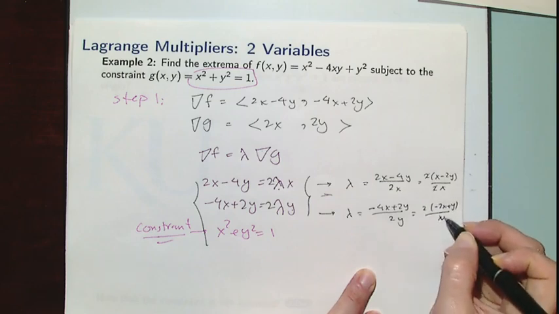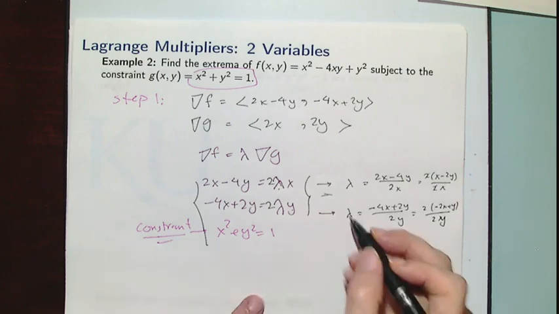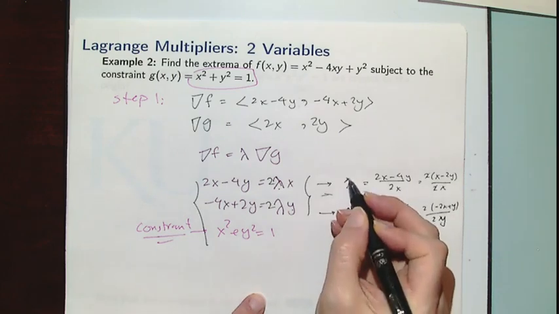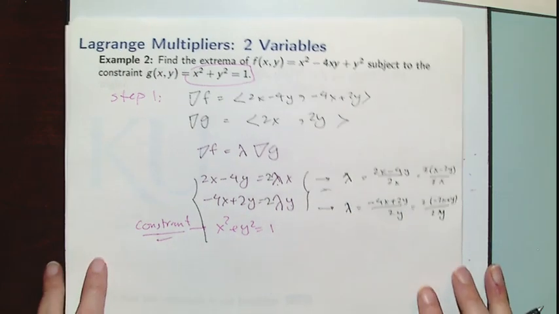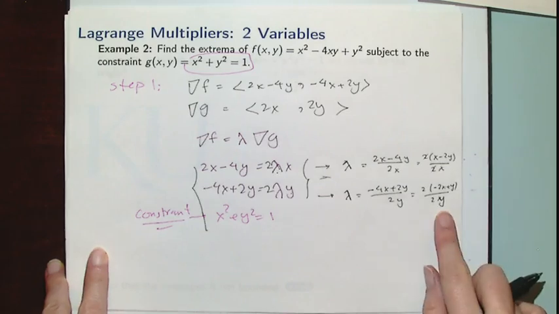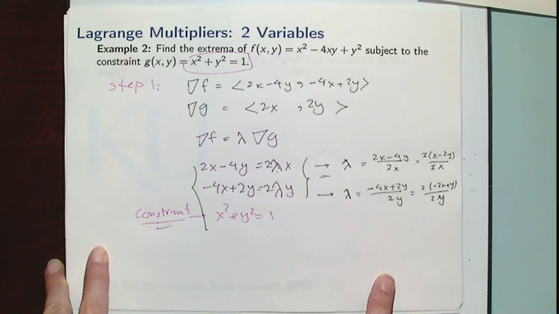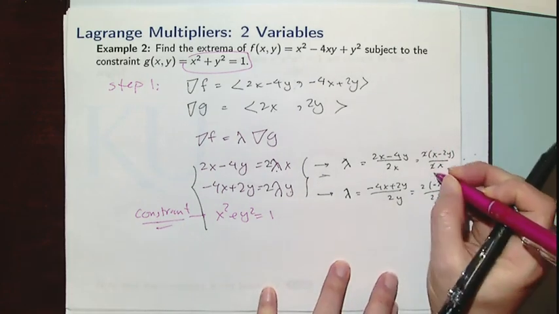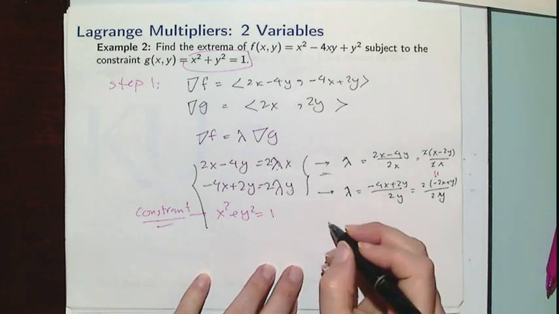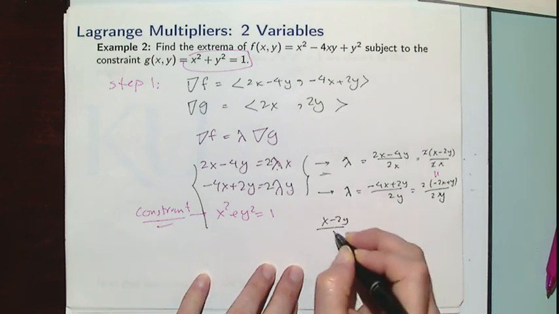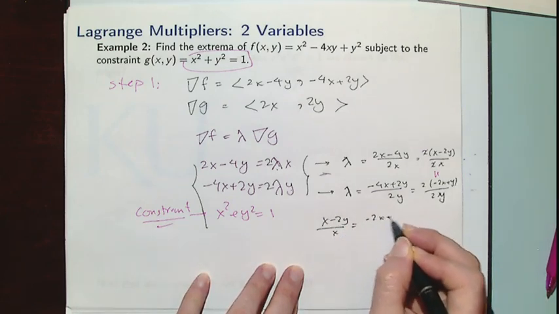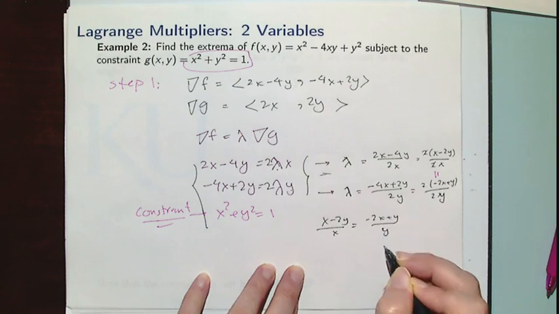Who can tell me what's the next step? So lambda is out. Whatever I'm writing is x. Don't get confused with lambda. What's the next step, my friends? Lambda equal to that, lambda equal to that. What do I do to eliminate lambda? These 2 equal to each other. So I have x minus 2y over x is equal to minus 2x plus y over y.